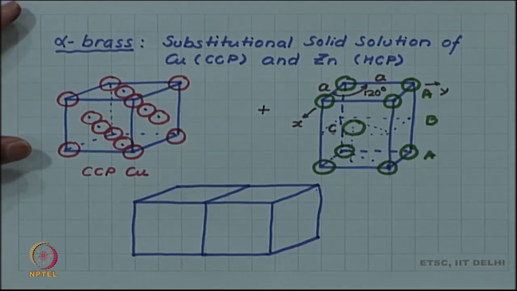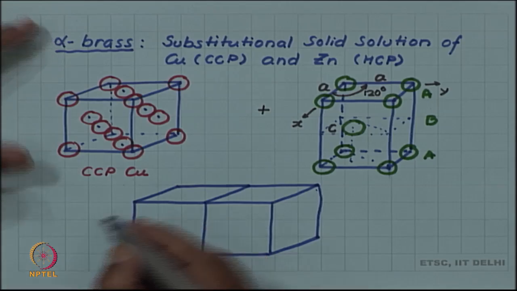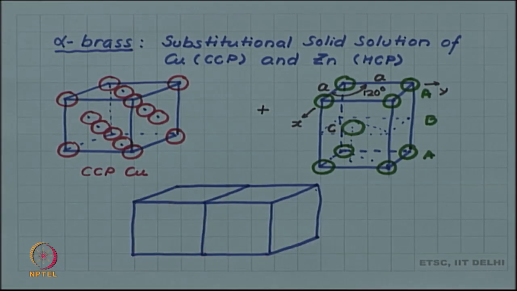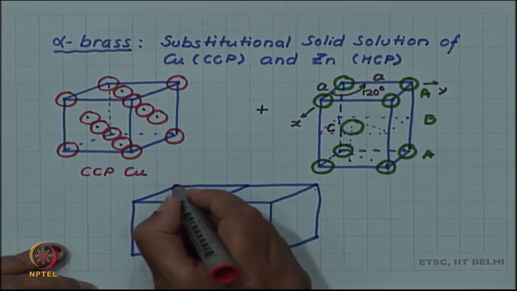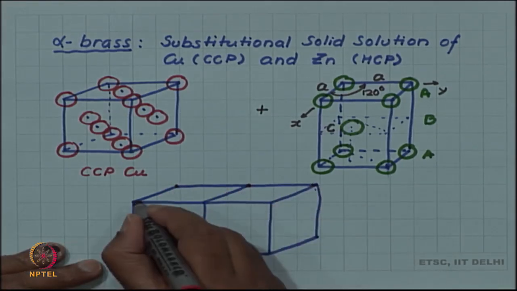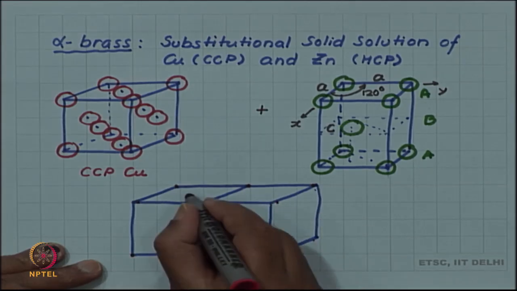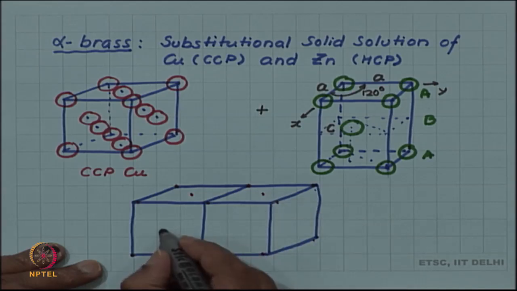Maybe for clarity, I do not show the invisible faces now and only show the visible faces, and these are the sites. So, the corners and the face centers are sites where atoms will be sitting.